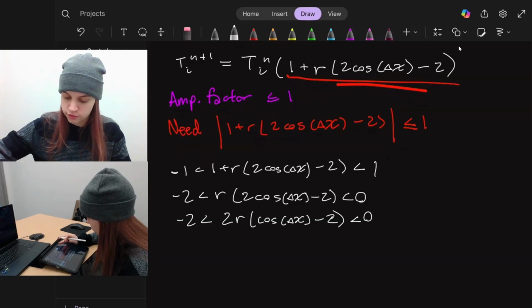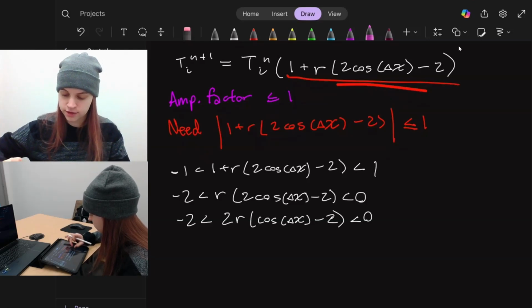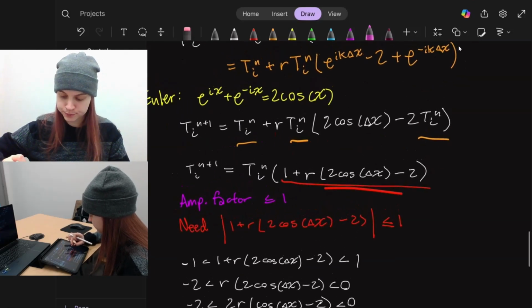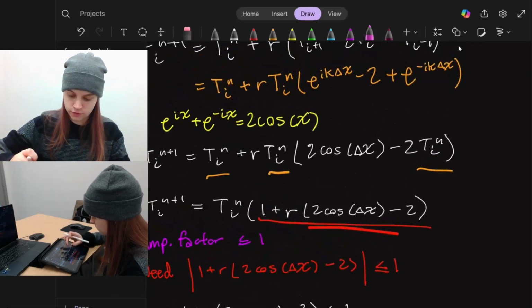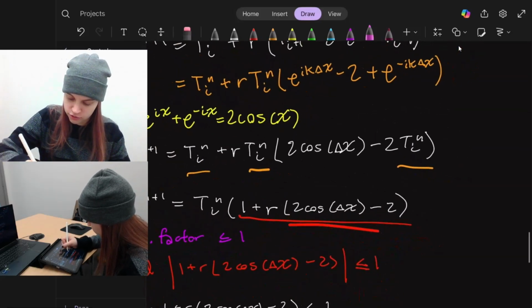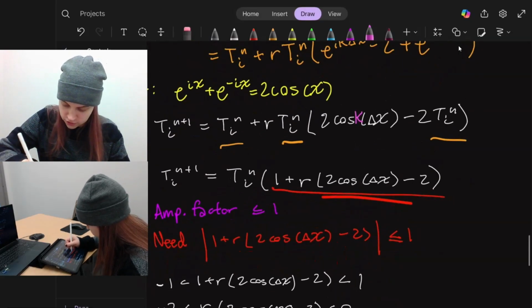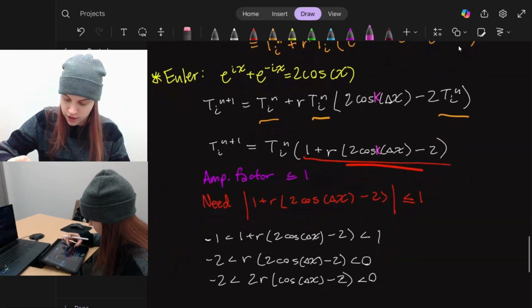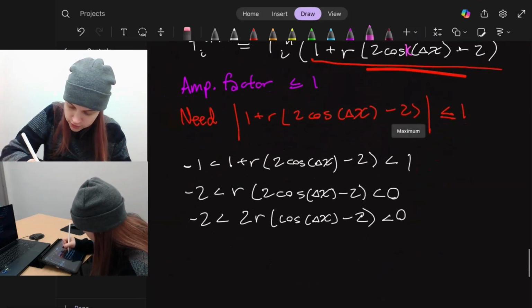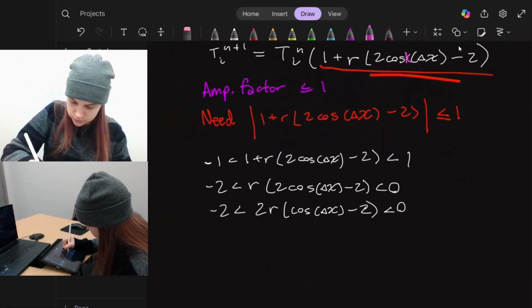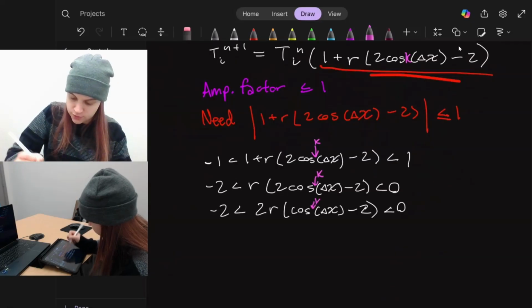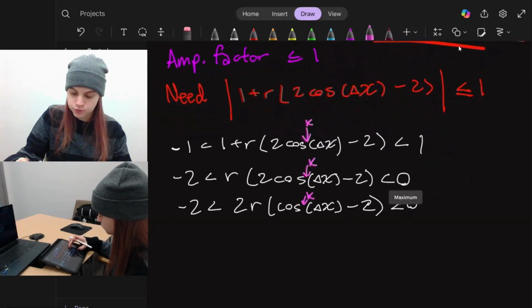As I'm going through this, I also realized another thing I forgot: this should be 2 cosine times k, so all of these should have our k value associated. Instead of rewriting that, I'm going to indicate that right there.